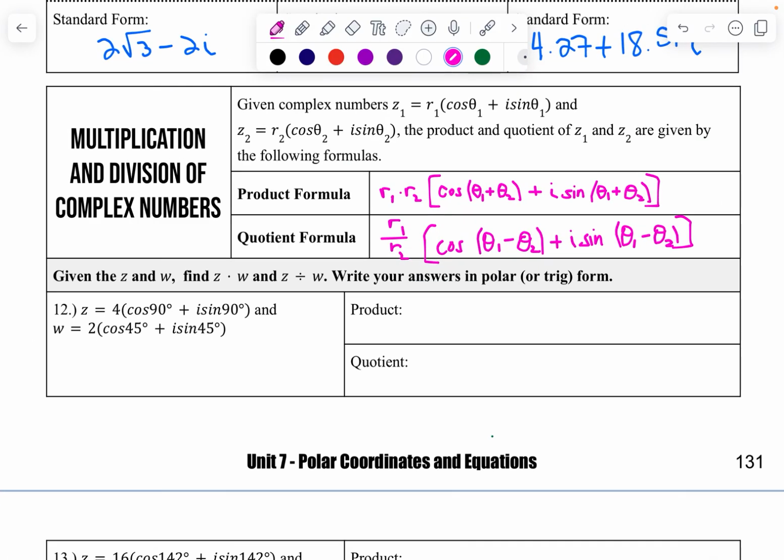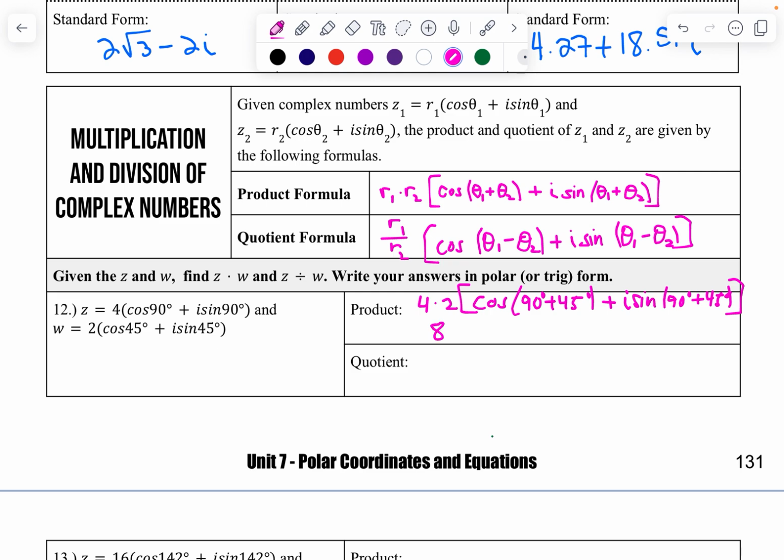Alright, so for example, if z equals 4 times the cosine of 90 plus i times the sine of 90, and w equals 2 times the cosine of 45 degrees plus i times the sine of 45 degrees, for the product, we'll do 4 times 2 times the cosine of 90 plus 45 plus i times the sine of 90 degrees plus 45 degrees.